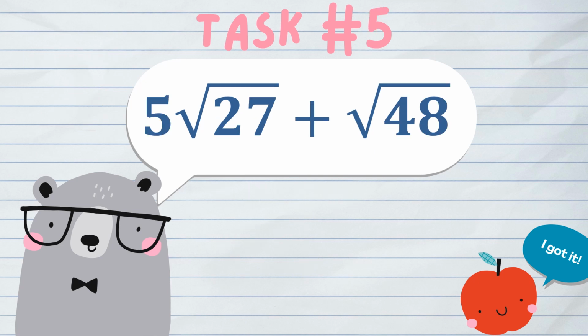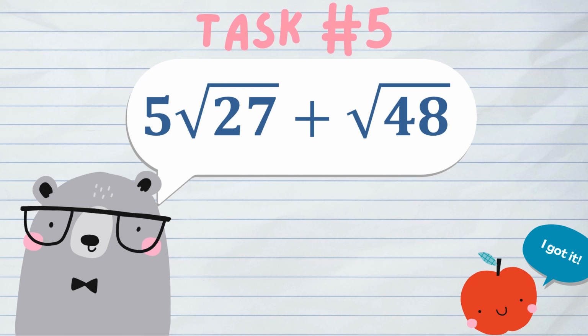Now let's proceed to our task number 5. 5 square root of 27 plus square root of 48. Although the indices are the same, still we need to simplify further the given radicals so that we can also have the same radicand.